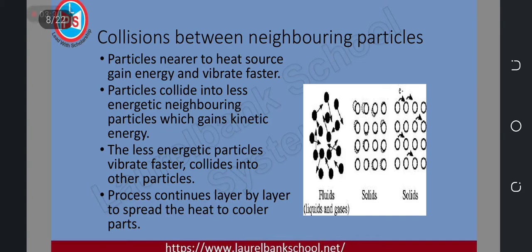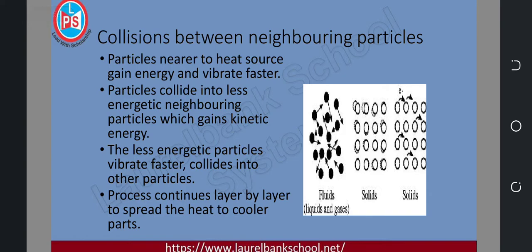We observe that in solids, atoms and molecules are packed close together, so they continue to vibrate about their mean positions. When a solid is heated at one end, the atoms or molecules start to collide with the neighboring atoms or molecules.